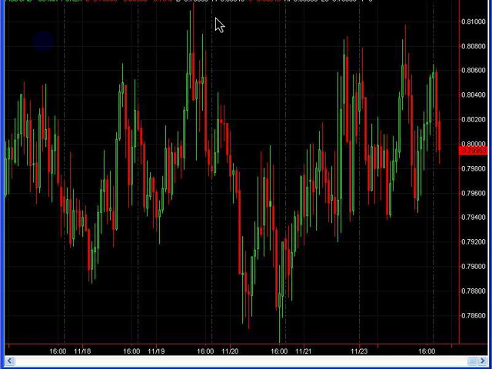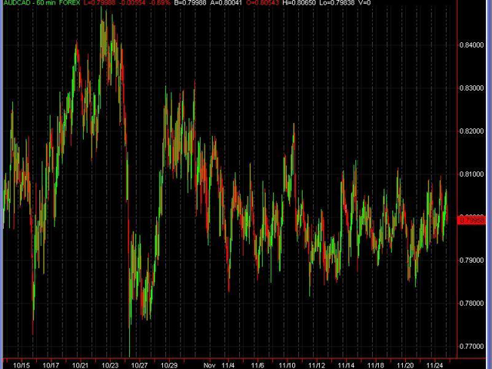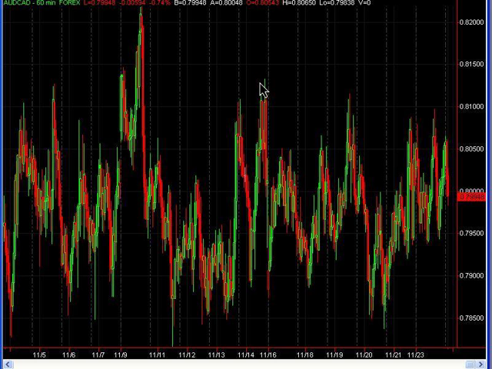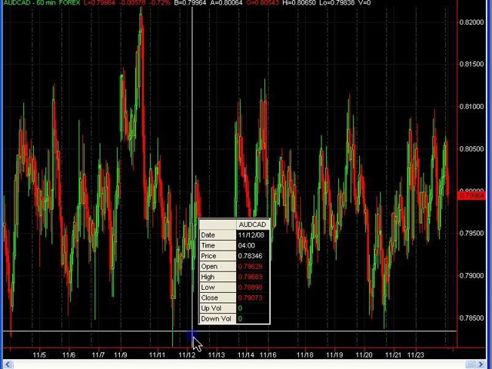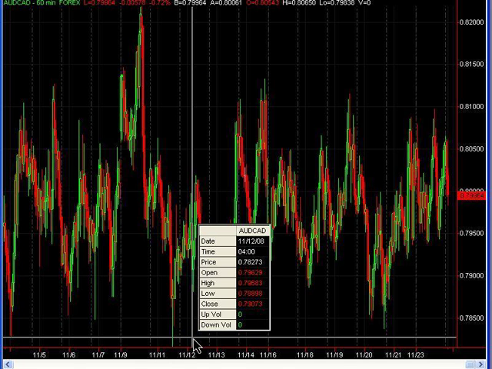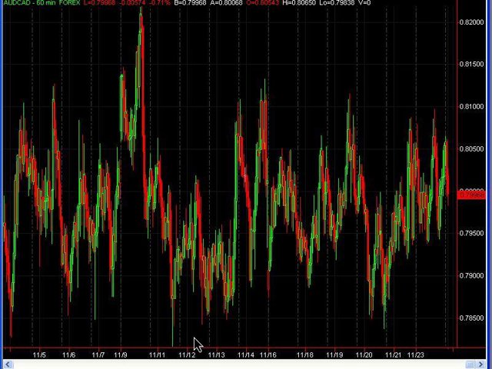Now the Aussie CAD. As John was speaking about in his report, we can see what he is talking about: a very clear range in the pair coupled with high volatility, which is excellent for range traders. Moving forward, keeping it very simple, I'd zoom in a little bit and look, as John was speaking about, towards the bottom of that range, the 78.25 figure.